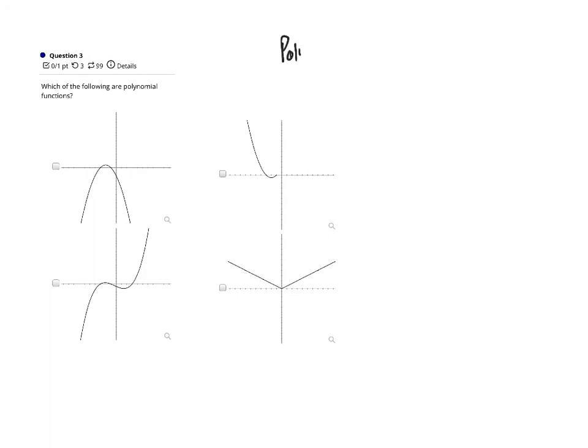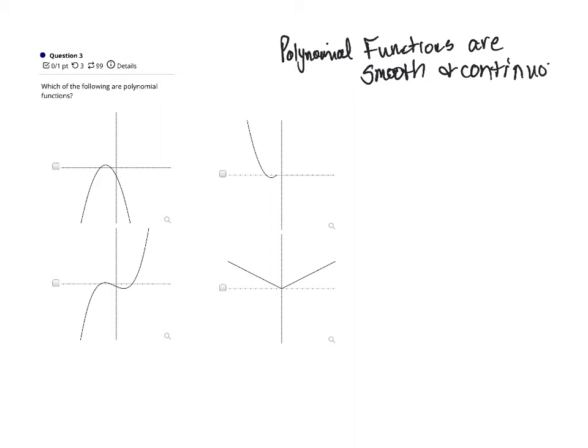Polynomial functions, which is what we're looking for right here, are smooth and continuous. Those are the key words. They're smooth and continuous. So there are no sharp turns and no disconnections.